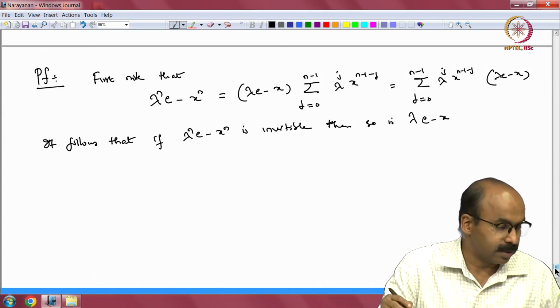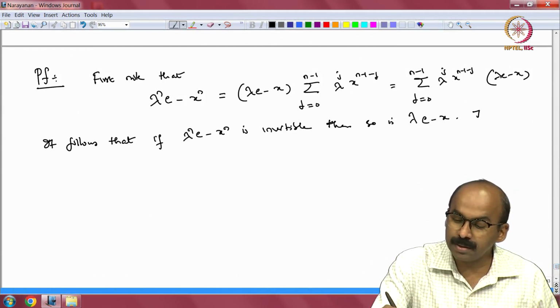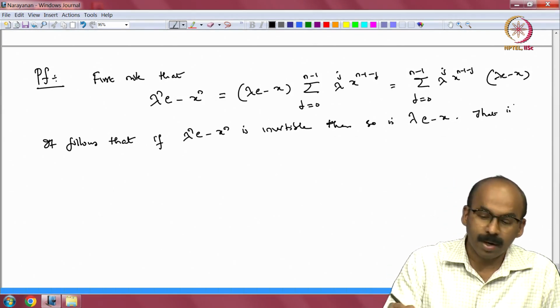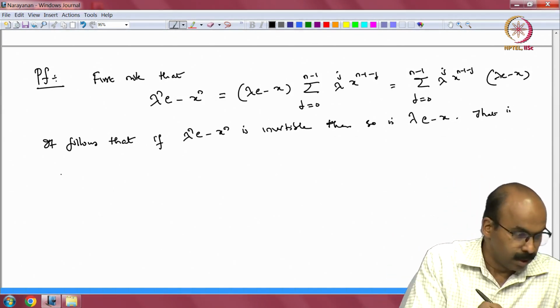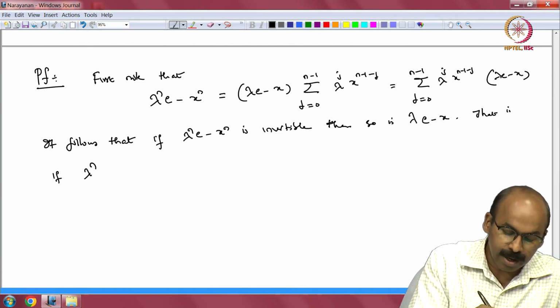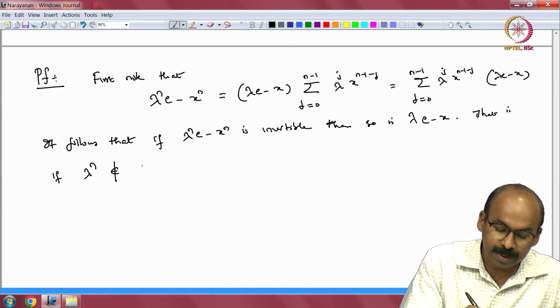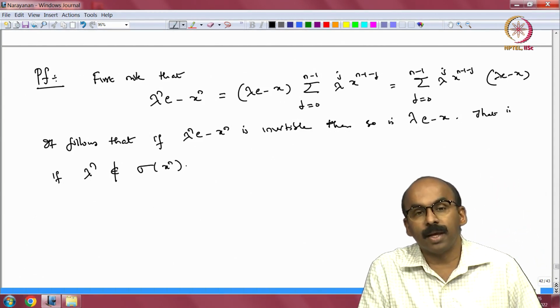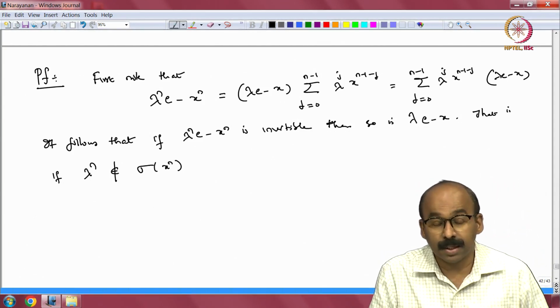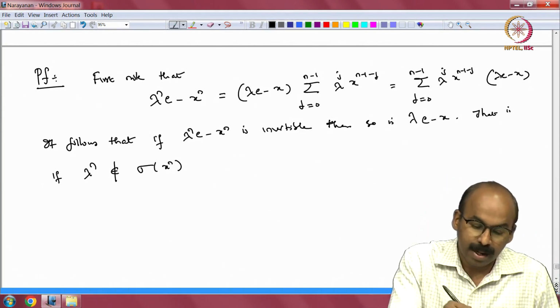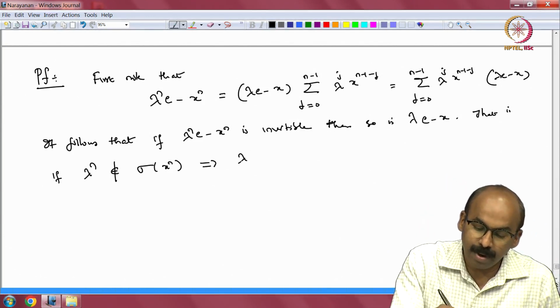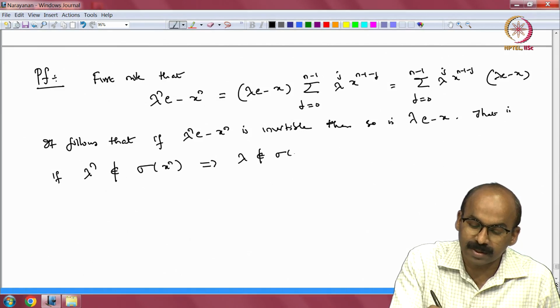So, in the language of spectrum, what does it say? That is, if lambda to the n is not in the spectrum of x to the n, that is lambda to the n e minus x to the n is invertible, that implies that lambda is not in the spectrum of x.